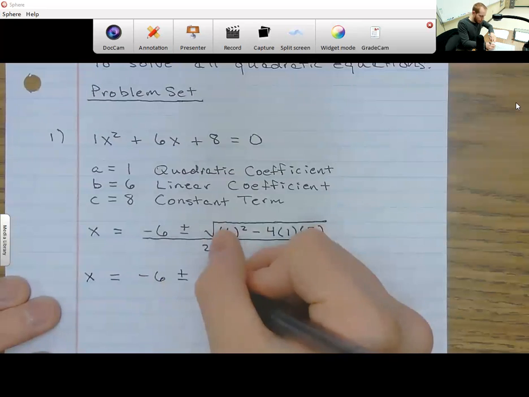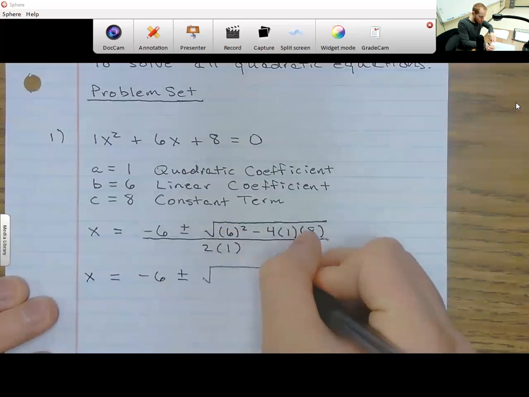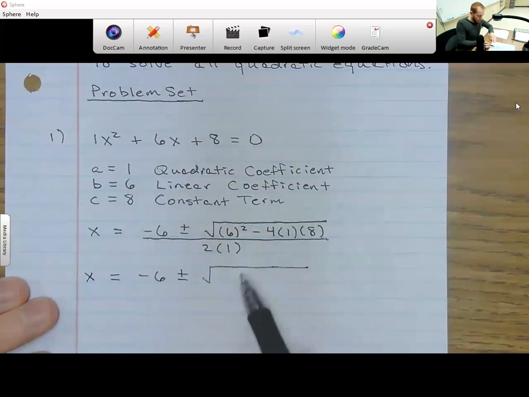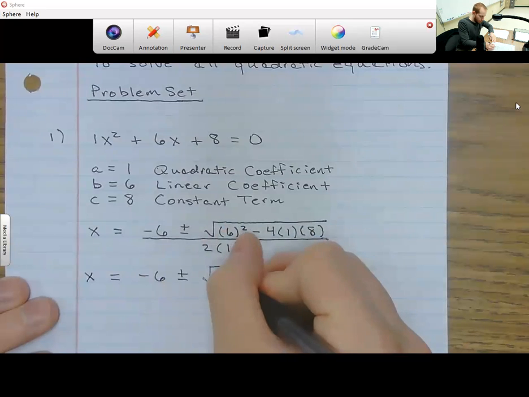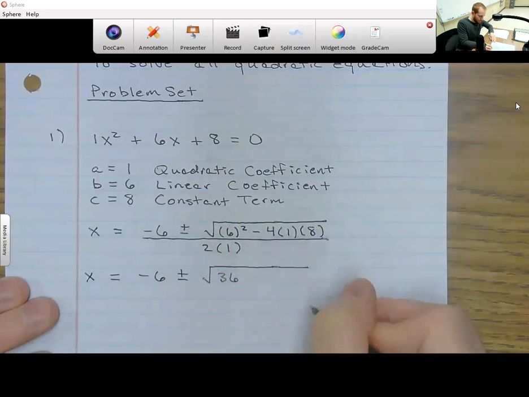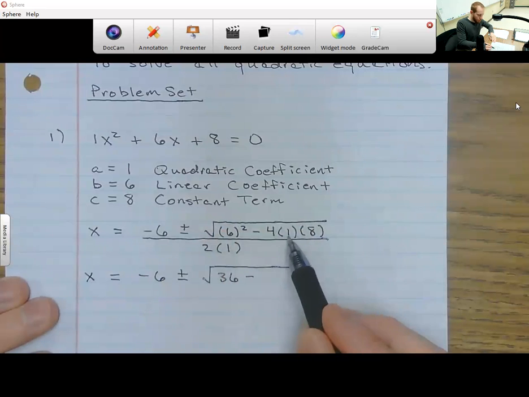And then I'm going to have the square root of what? Well, what is 6 squared? 6 squared is going to be 36. So this is going to become 36 minus what? 4 times 1 times 8.